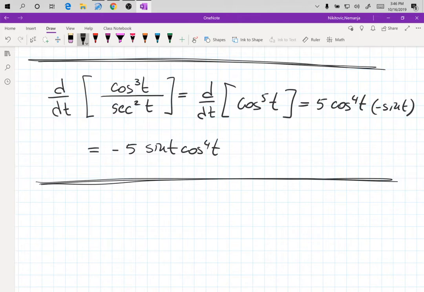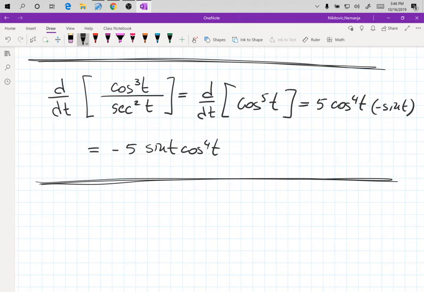Let's see if I can find one more example from the book directly, and we are done with chain rule. Hopefully you guys will work on the exercises. So now we're just going to lift something directly.